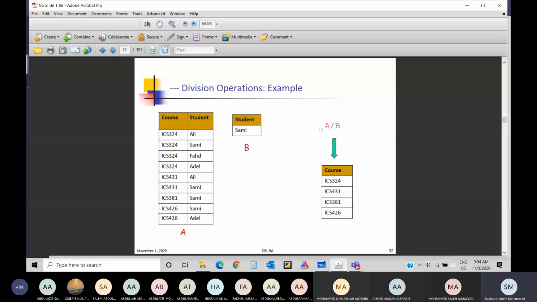The output columns are the columns which are in A but not in B. That's why the output contains course, because course is in A but not in B. In other words, if you sum up the columns in the output and the columns in B, they give you the columns in A. That's what division means for now. It's not the end of it, but this is just one example. Do you have any question?